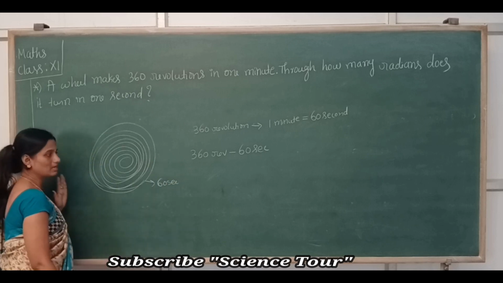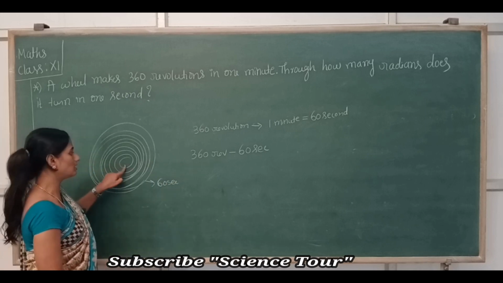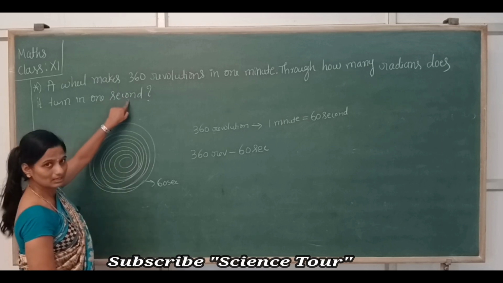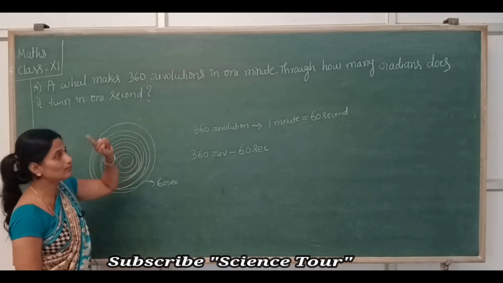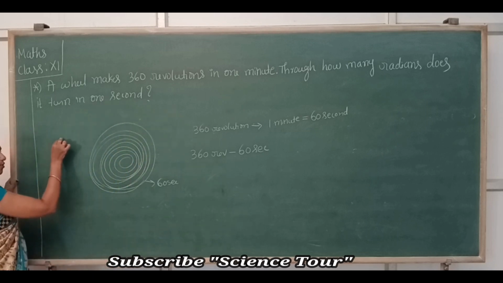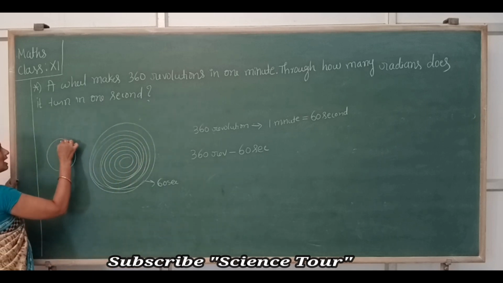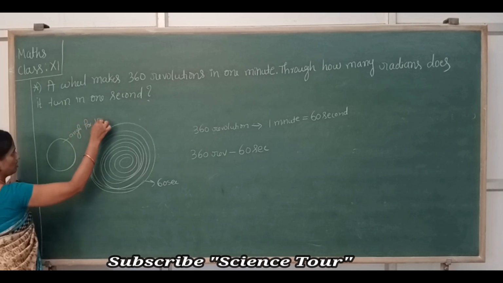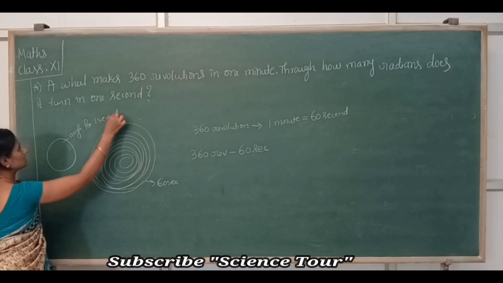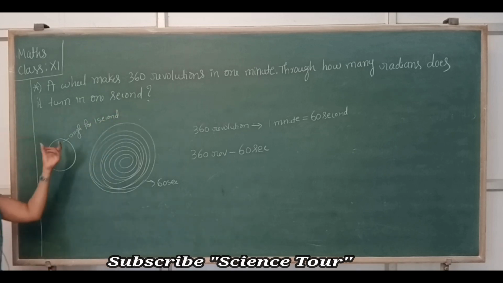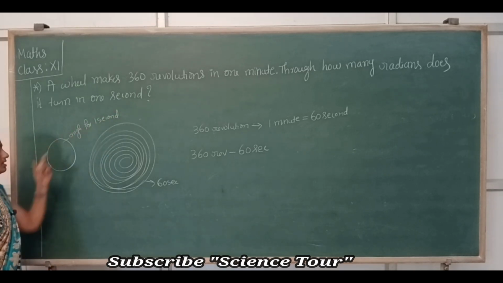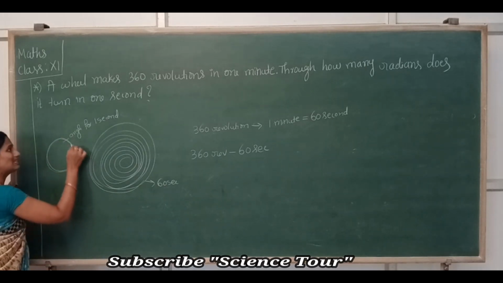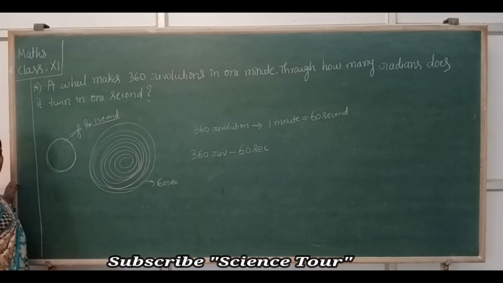Now for 1 second, you need to find the angle for 1 second. Correct? For 1 second I need the angle. So to find the angle for 1 second, first you should find out how many rotations it takes for 1 second.